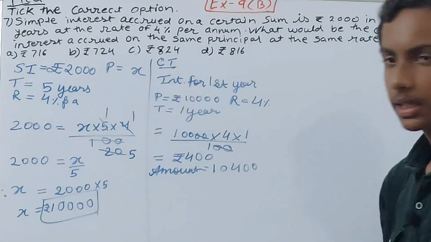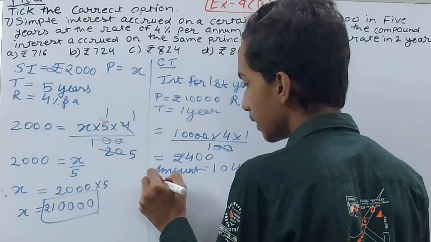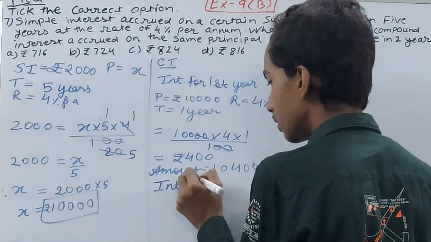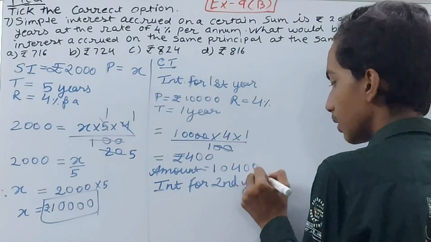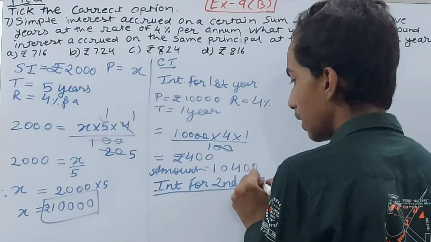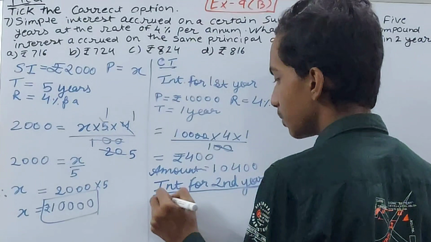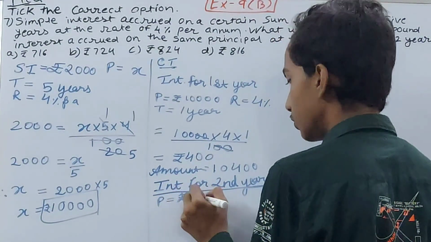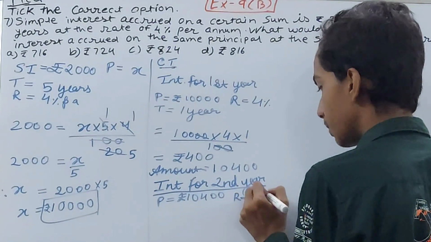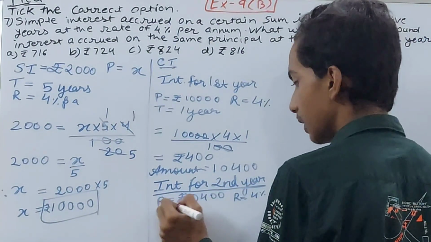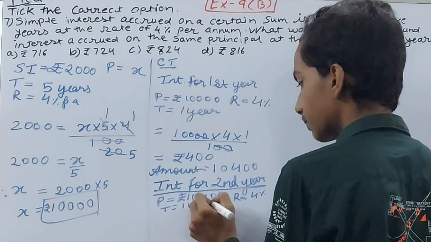Now I'll calculate the interest for the second year. The principal is rupees 10,400. The rate is going to be the same, 4%, and so will be the time, that is 1 year.